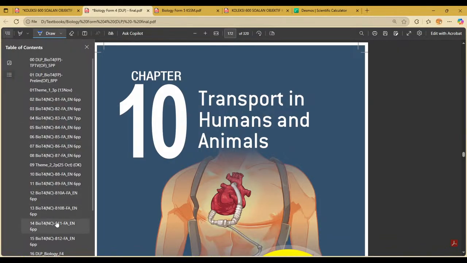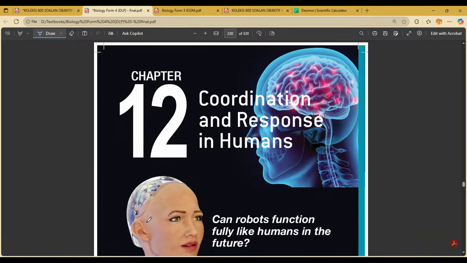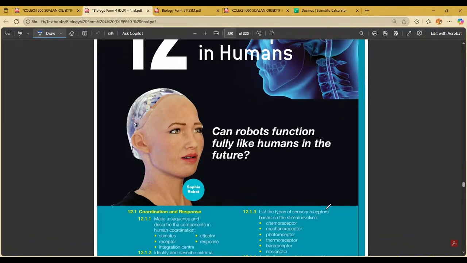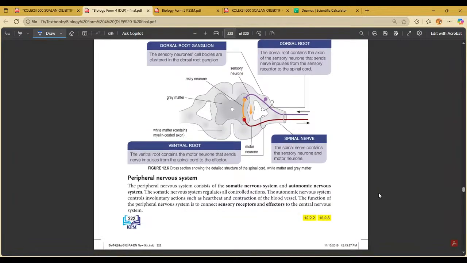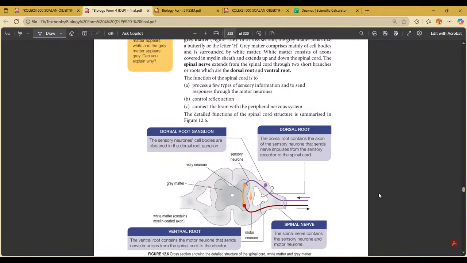What chapter is it? Coordination and response. Not the spinal cord. I need to remember this as well.